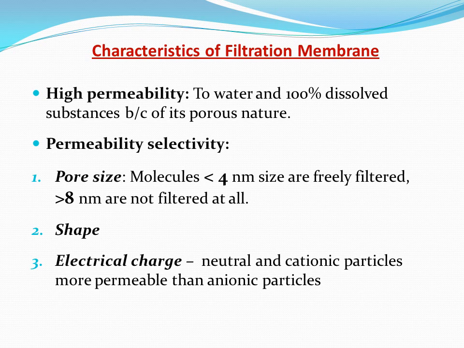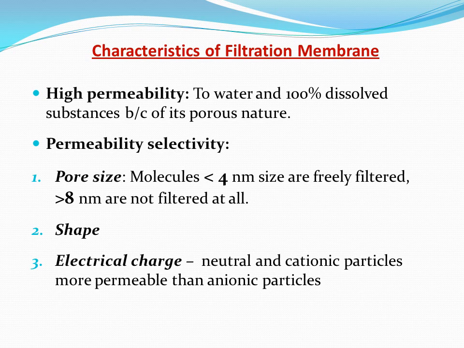The basement membrane has a pore size of 6 to 8 nanometer. Considering that, molecules whose size is less than 4 nanometer can be easily filtered through the membrane. But substances with molecular size more than 8 nanometer are not filtered at all.